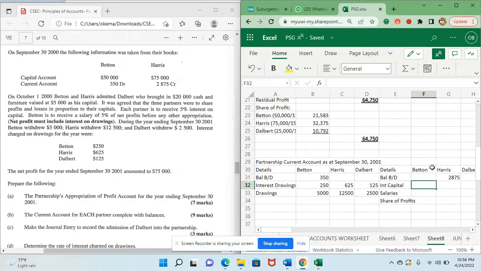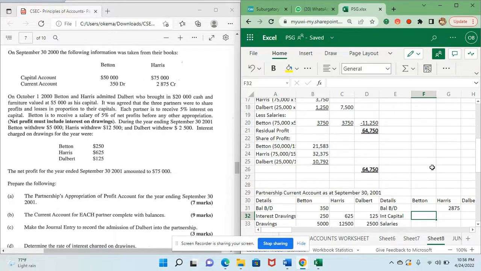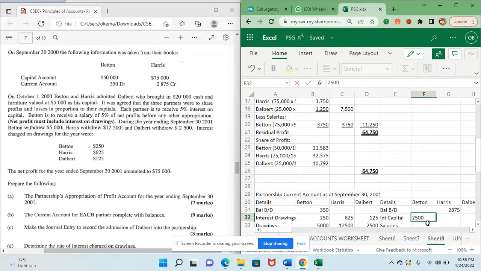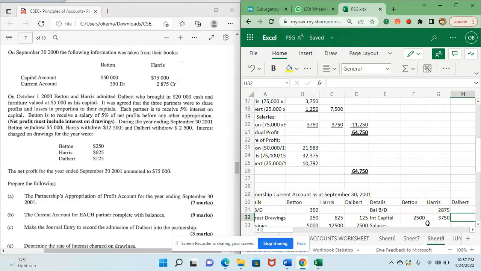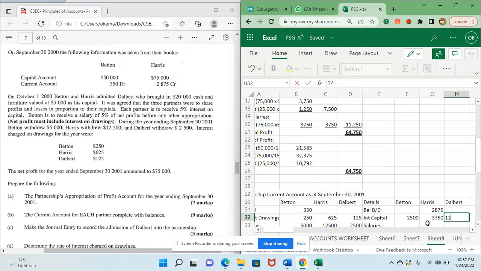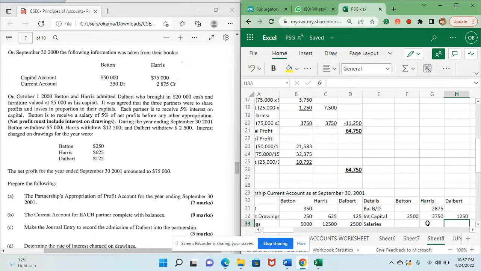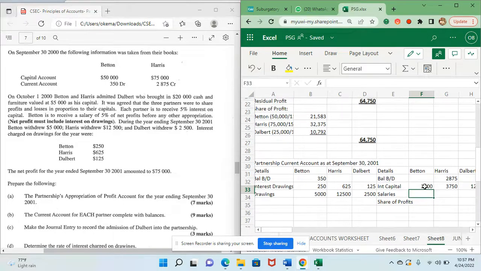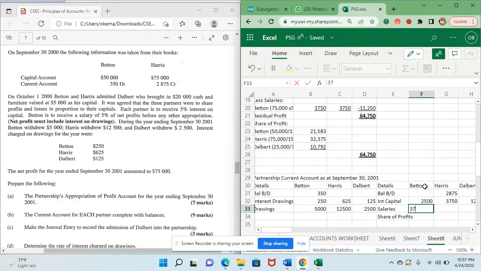Interest on capital. So again, we're just going back here. So this would be 2,500. This would be 3,750 and the 1,250. And salaries, only Baton got a salary of 3,750.